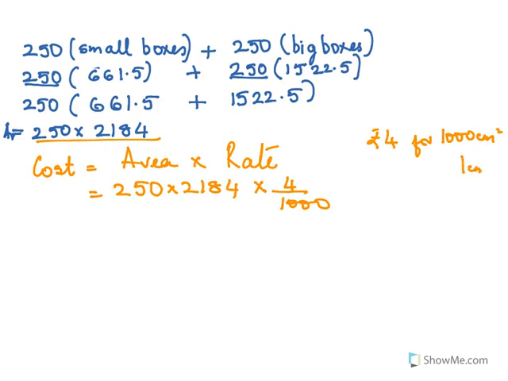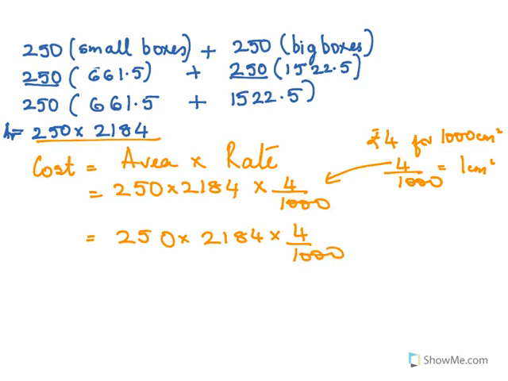So for 1 centimeter square it will be 4 over 1000, and that is the rate. So I'll write it out here again. Over 1000, we strike this, this 250 and this 250 will cancel, and we get 2184 rupees.